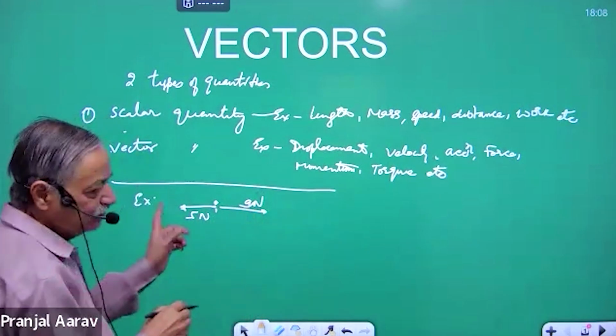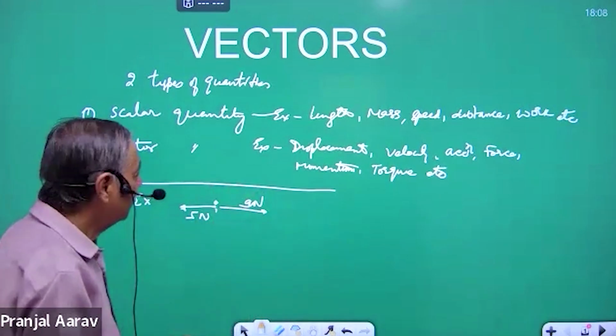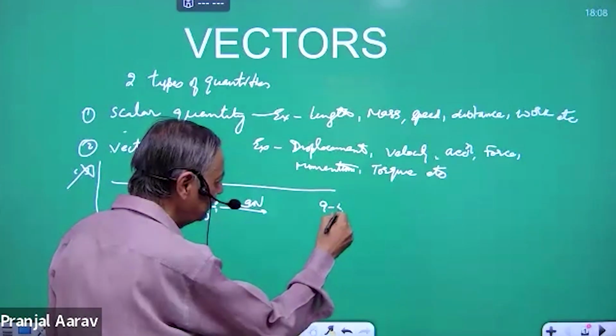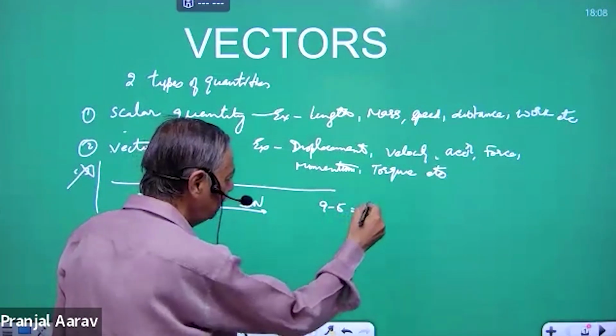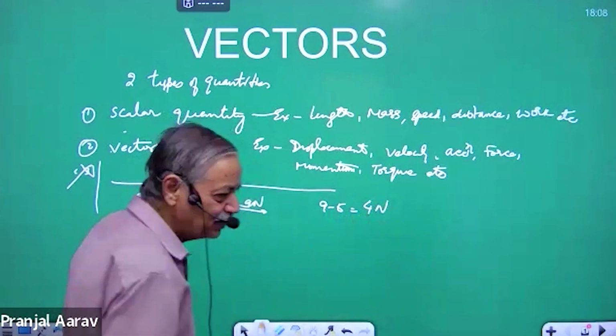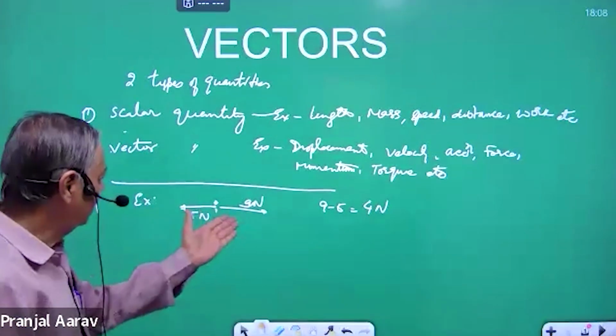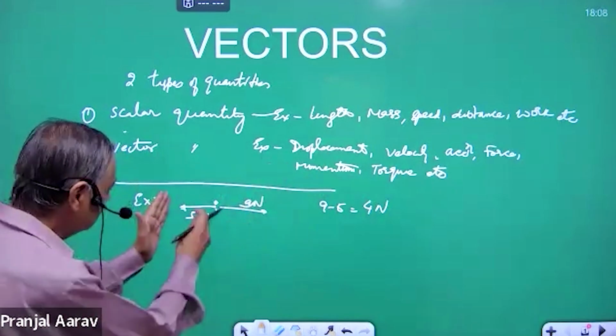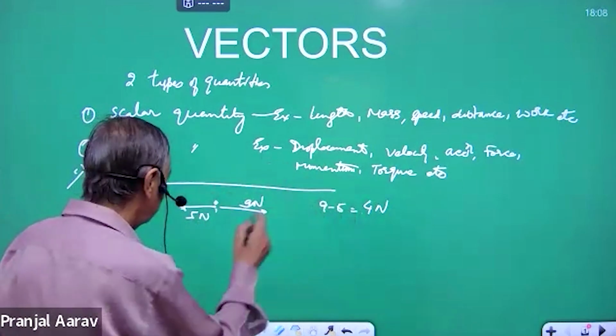This force is 5 Newton, this force is 9 Newton. What is the net force? Net force is 9 minus 5 is equal to 4 Newton. You can see yourself, 9 and 5. So the difference is 4 Newton. This and this together, they are 4 Newton.